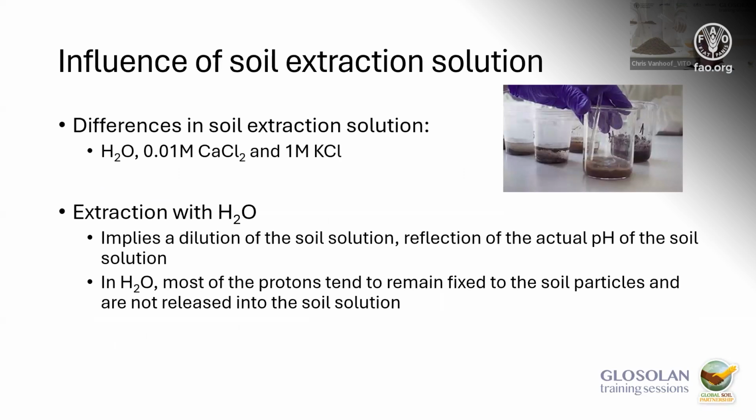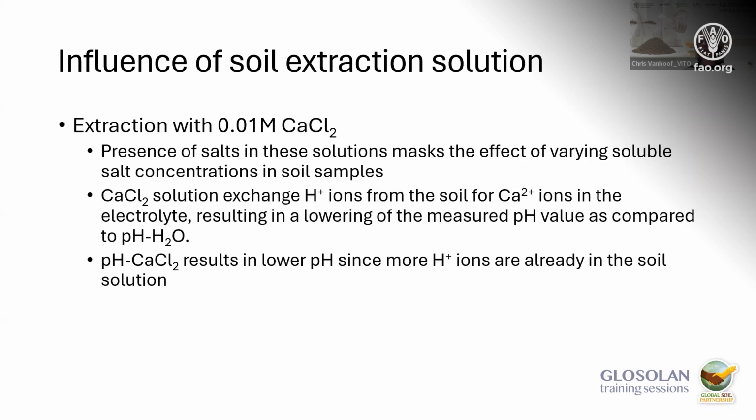You don't get any interaction with the soil particles at that time, because most of the protons tend to remain fixed to the soil particles and are not released to the soil solution. That's why often we don't do the pH determination in water, but in calcium chloride or potassium chloride.